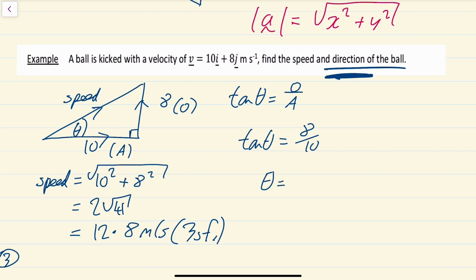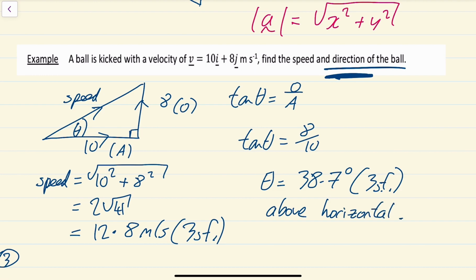So in this case, theta is equal to tan to the minus 1 of 8 over 10. So shift and tan of 8 divided by 10. And then I got 38.7 degrees. And that's 3 sig figs. And that is us. And we'll just say that's above the horizontal. Done.